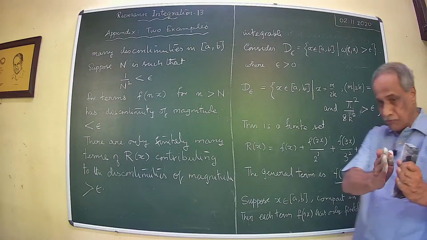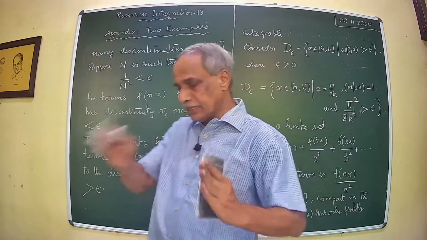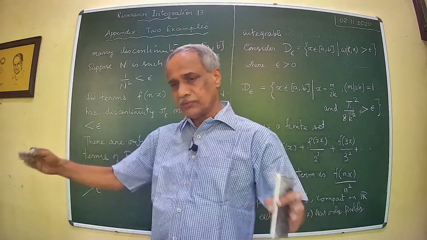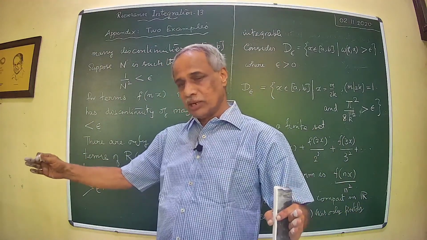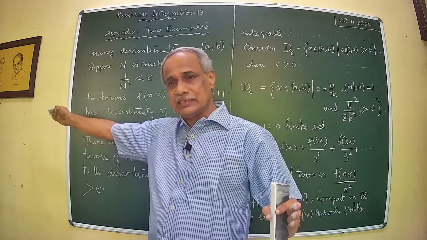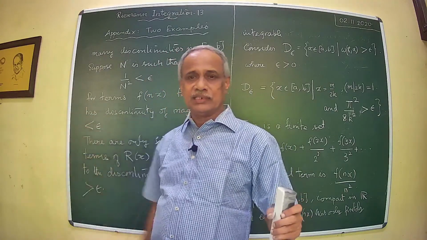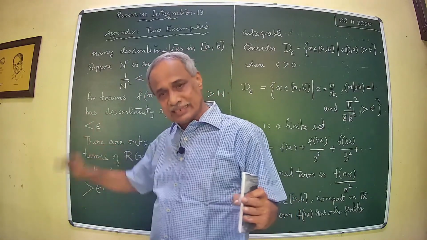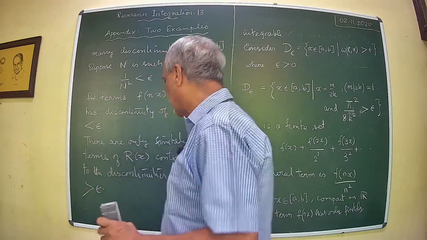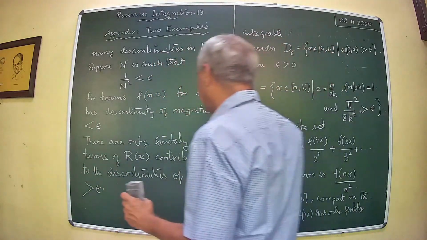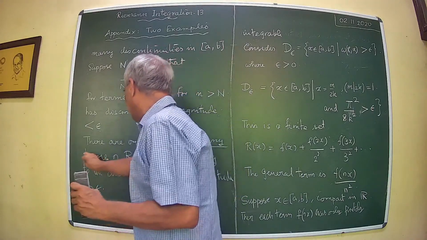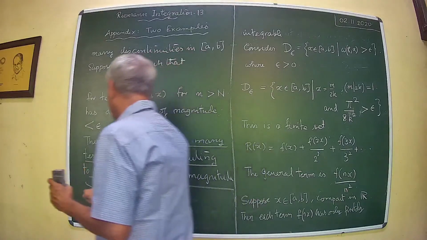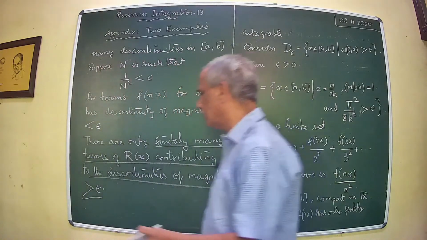Because each term has finitely many discontinuities, and only finitely many terms of the series matter, because the tail of the series has jump discontinuities less than epsilon.